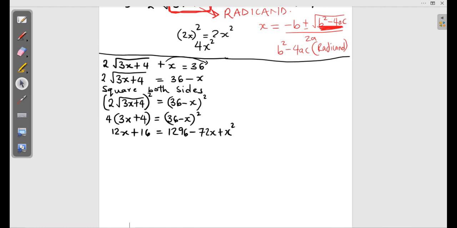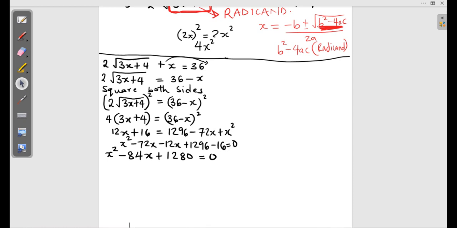Then we rearrange. So we have x squared minus 72x minus 12x plus 1296 minus 16 is equal to 0, which results in x squared minus 84x plus 1280 is equal to 0. At this junction, you can use the factorization method, or you can use the quadratic formula.